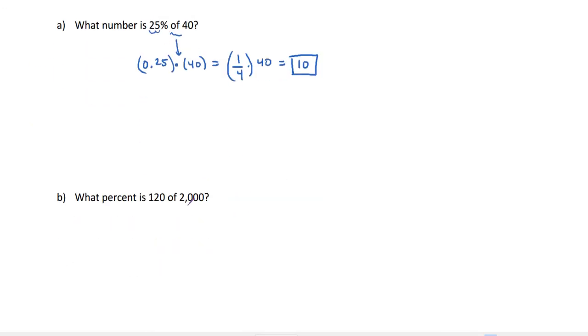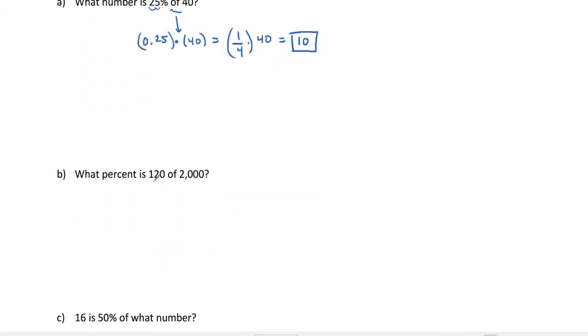Okay, so what percent is 120 of 2,000? Here we're just asking what percentage is 120 of the 2,000. In this situation, what you're looking for is 120 out of the 2,000 makes up what percentage.